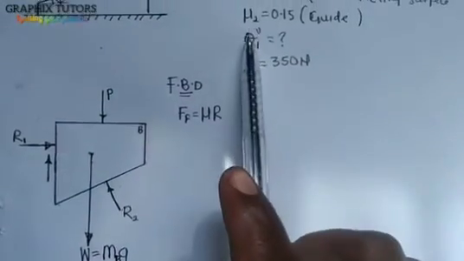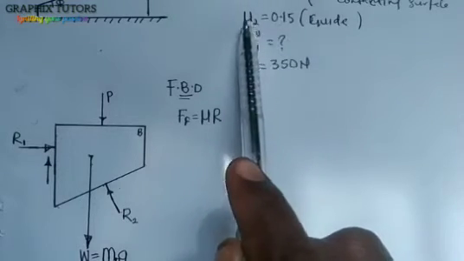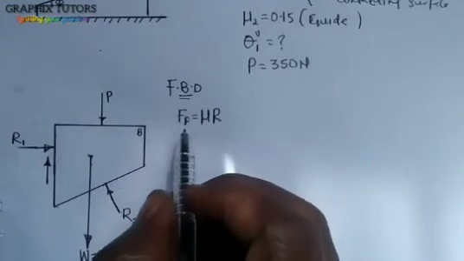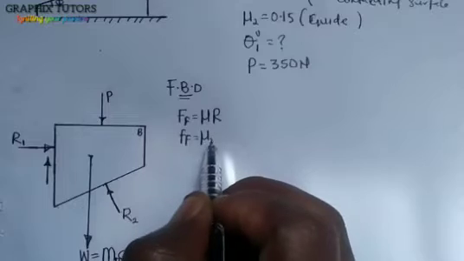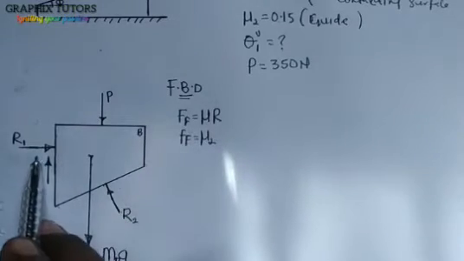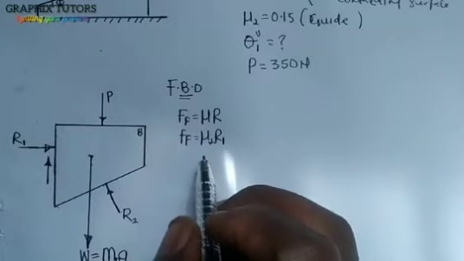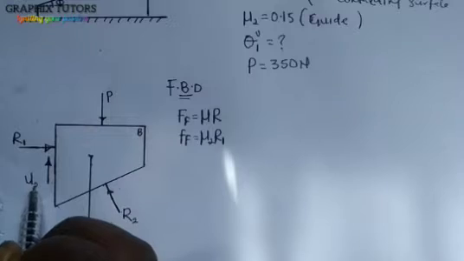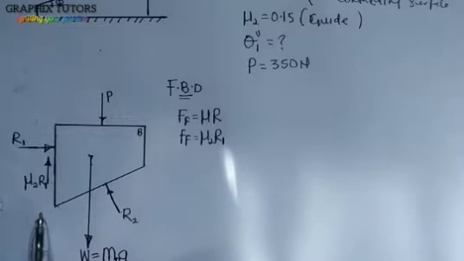You can see mu2 is for the guide, and the coefficient of friction for the guide is 0.12. So if I want to write my frictional force, it will be mu2 multiplied by the reaction at that guide side, which is R1. I'm going to write mu2 R1. Is that taken? Coefficient of friction 2 times R1. That's how that guide comes about.